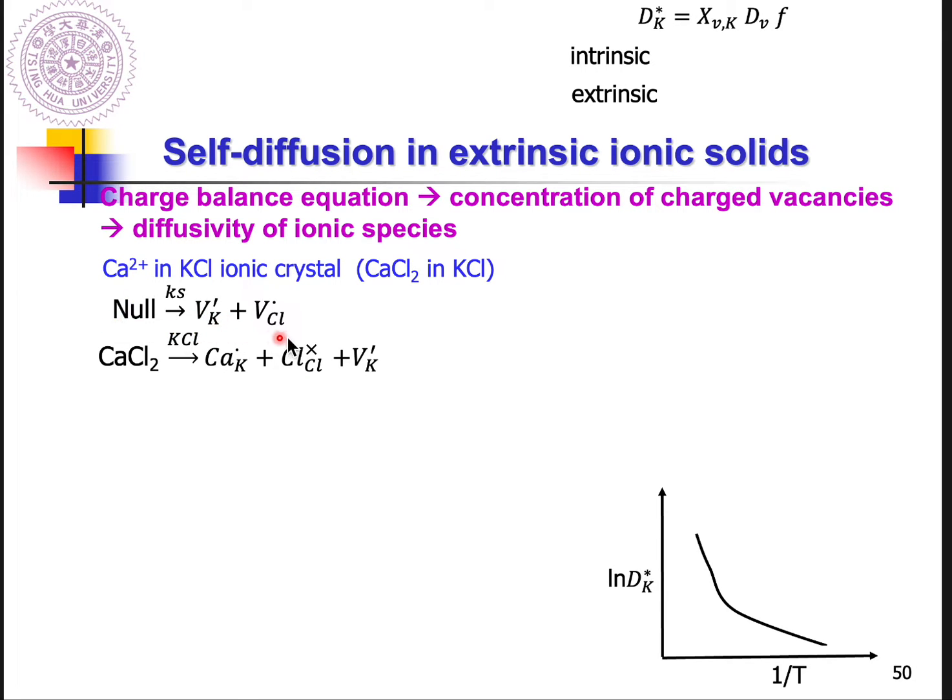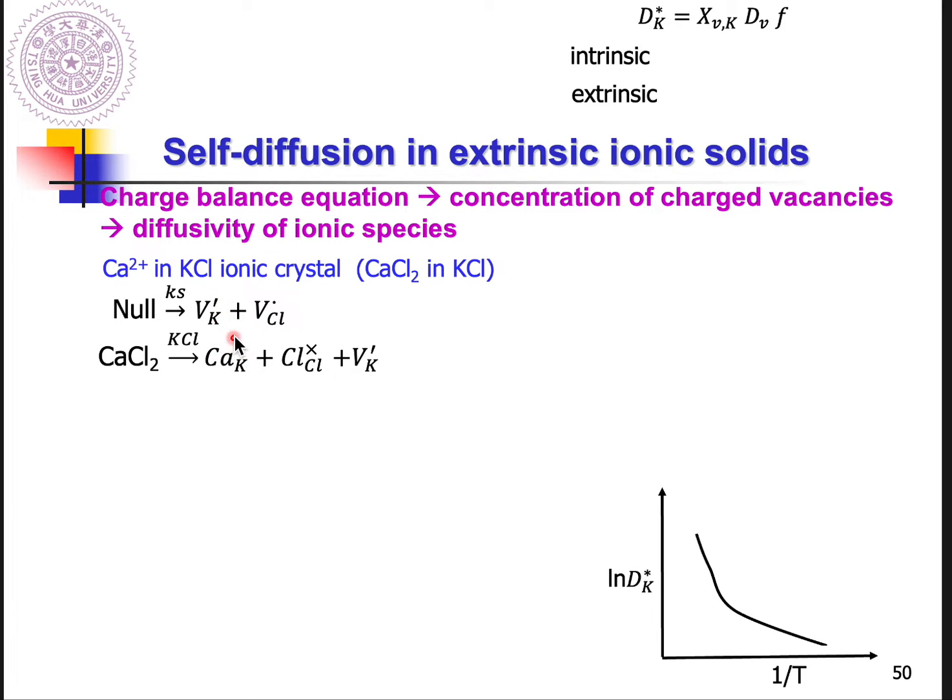And because now at a certain temperature in the potassium chloride ionic material, there are many pairs of VK and VCl, right? And when I try to add some dopant into this potassium chloride ionic material, the calcium is going to occupy the vacancy at the potassium side, and this is 2 positive charge, and this vacancy is with 1 negative charge.